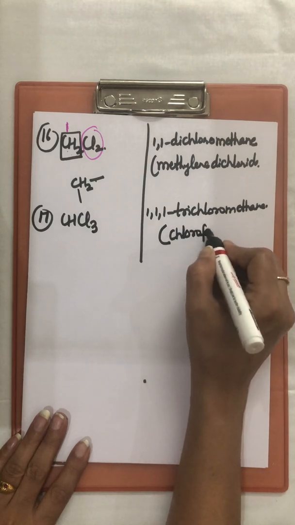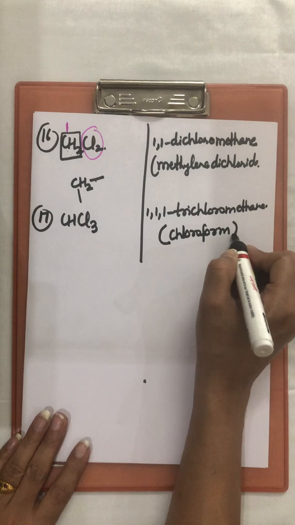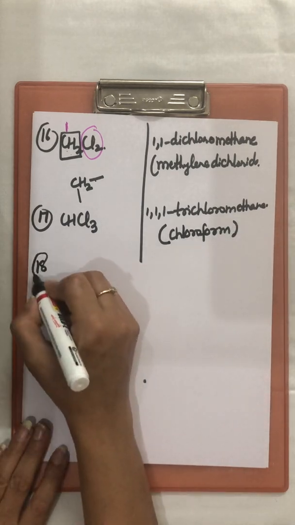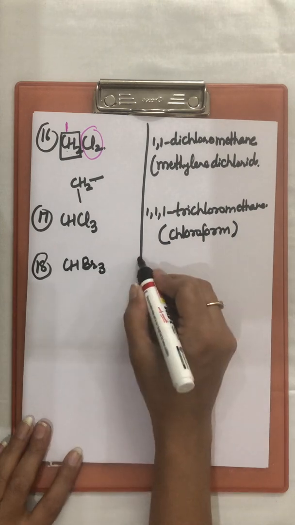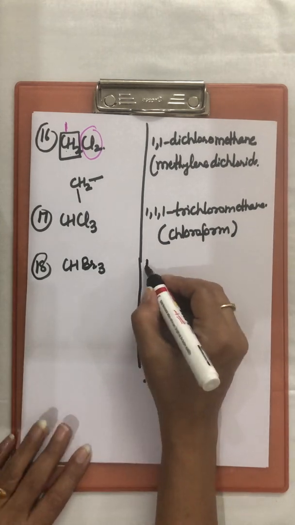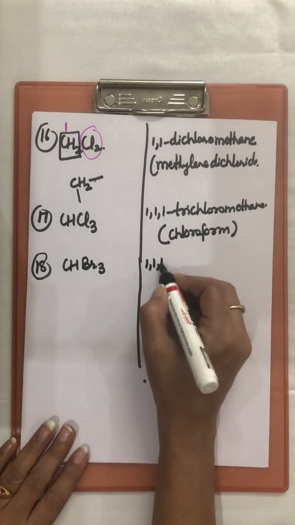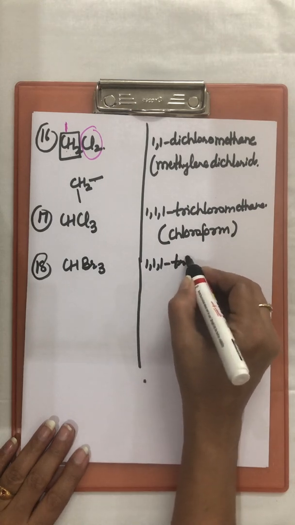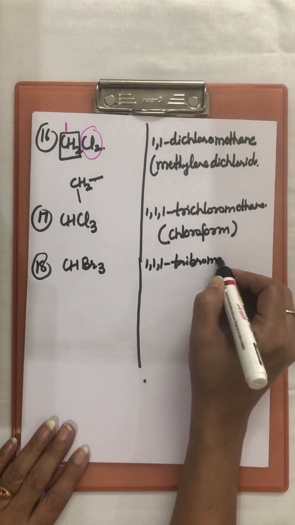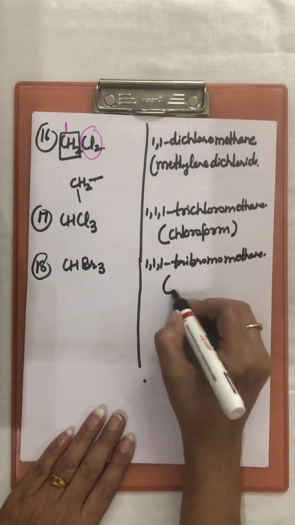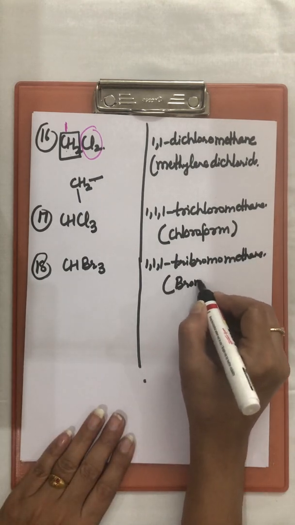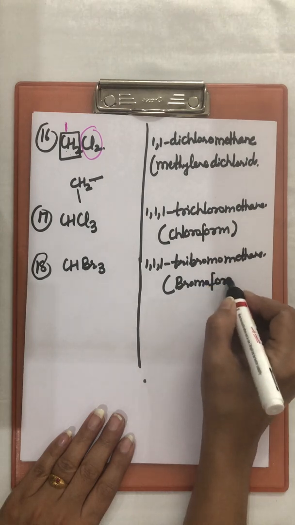This compound is called chloroform. And if in place of Cl we have Br here, CHBr3, the IUPAC name is 1,1,1-tribromomethane. And its common name is bromoform. This is called bromoform.